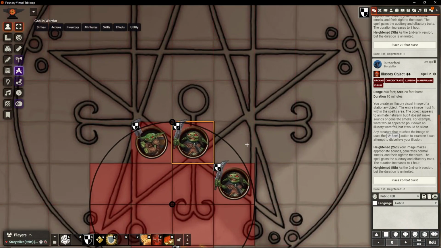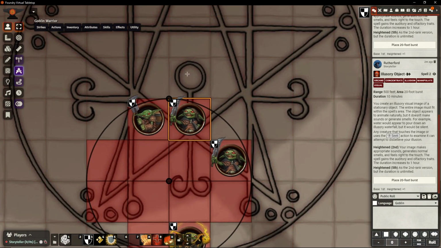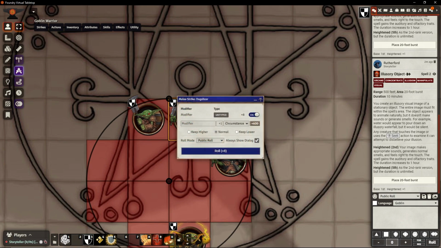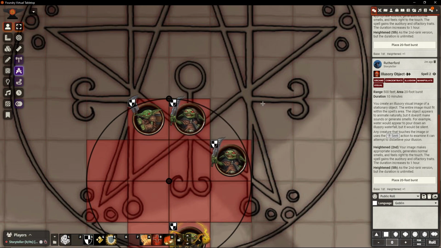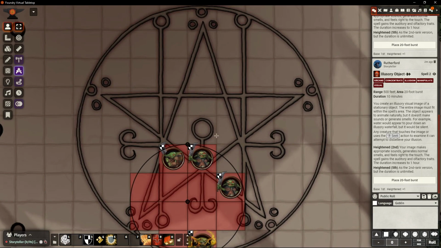And so if the goblin warrior here swings his blade, his dog slicer, at the bars, he'll hit them. It'll feel very real to him, although anyone who has disbelieved the illusion will notice that he's just hitting an illusion.